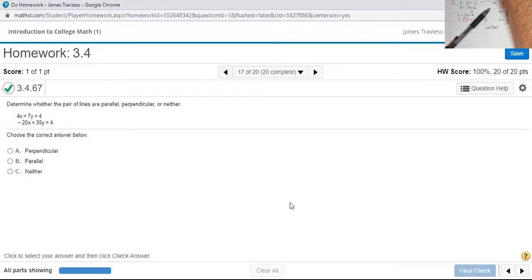Let's do a similar question to this one. Again, we have two different equations, and I'm going to write them a little bit differently.